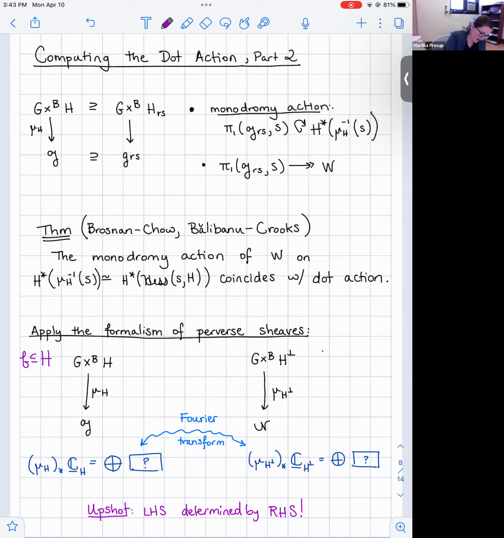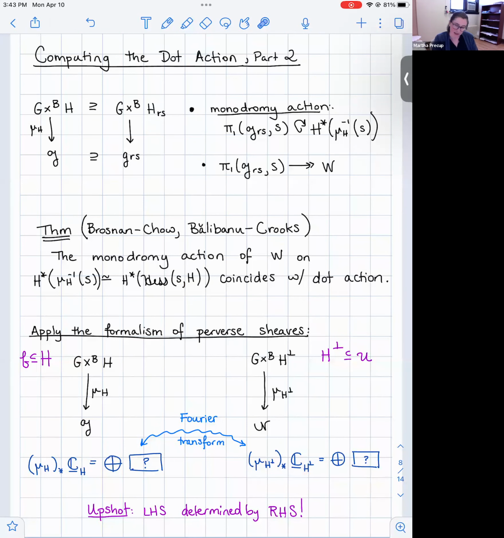So here, if I think about my orthogonal complement, now I'm thinking about a Hessenberg space that's strictly contained in the nil radical of the Lie algebra. So understanding how the push forward of the trivial sheaf decomposes on the left-hand side, by applying the Fourier transform, is equivalent to understanding how the push forward of the trivial local system, the trivial perverse sheaf, decomposes on the right-hand side.